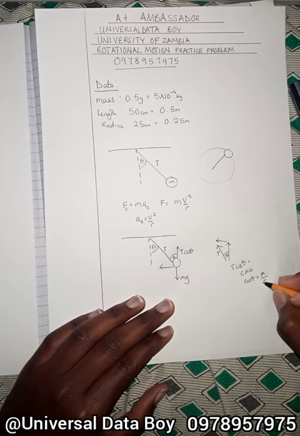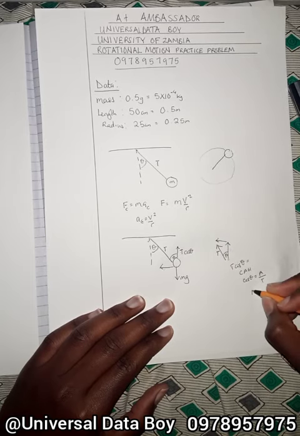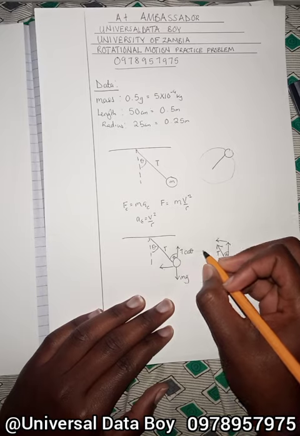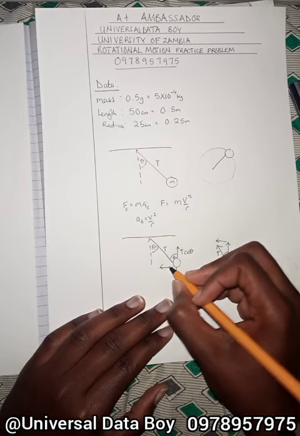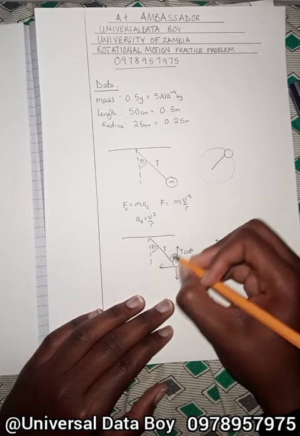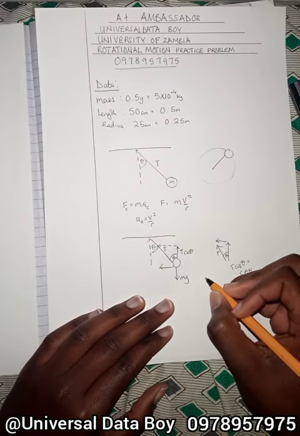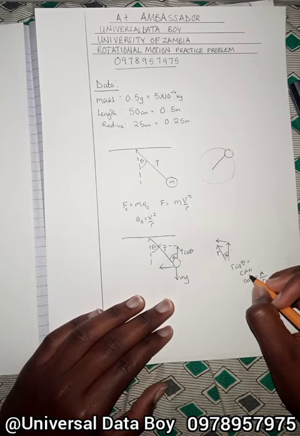Then when you make the adjacent the subject of the formula to be t cos theta, which is what is there. And then this one will be t sine theta, because this vector here is the same as a vector that we can draw there, and since it's opposite, it will be sine.